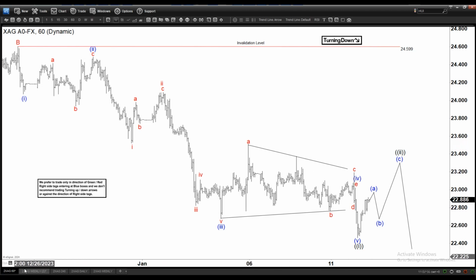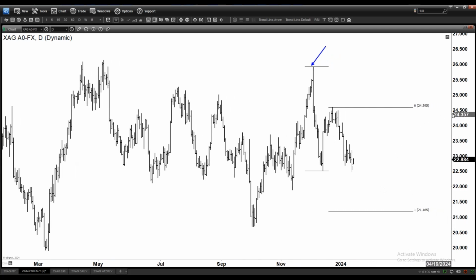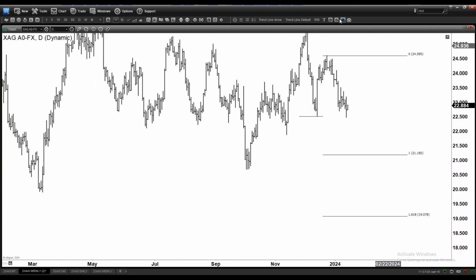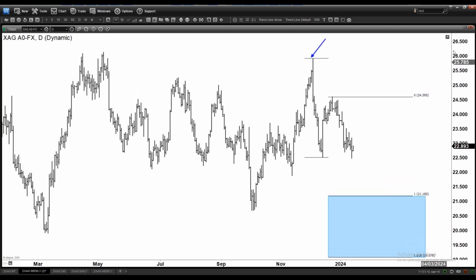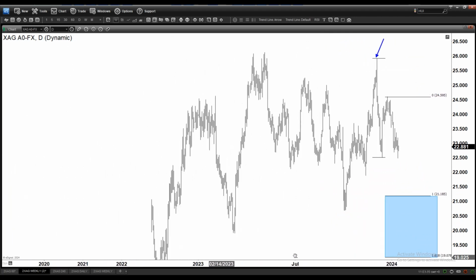Because of this lower low sequence, as a standard practice, we're going to be looking for extension lower to 21 minimum. So basically the target is 100%, 161.8, and that's why we are calling for the downside. But remember, like I've been saying, it is sideways. Sometimes a sideways market has a higher chance of being choppy.